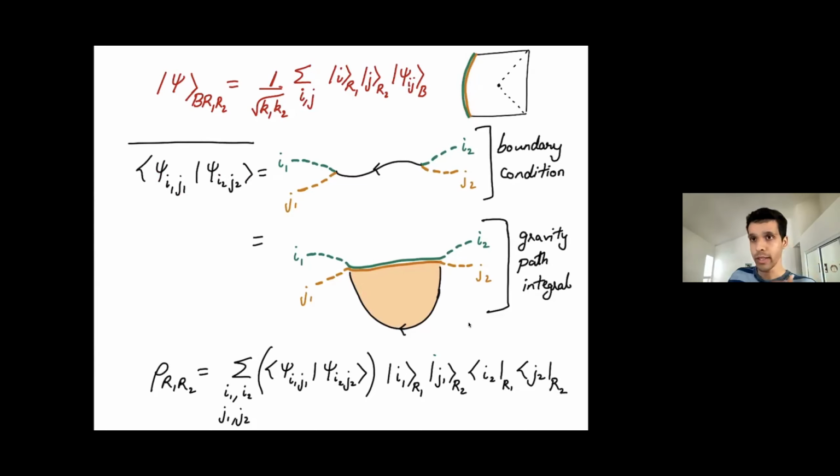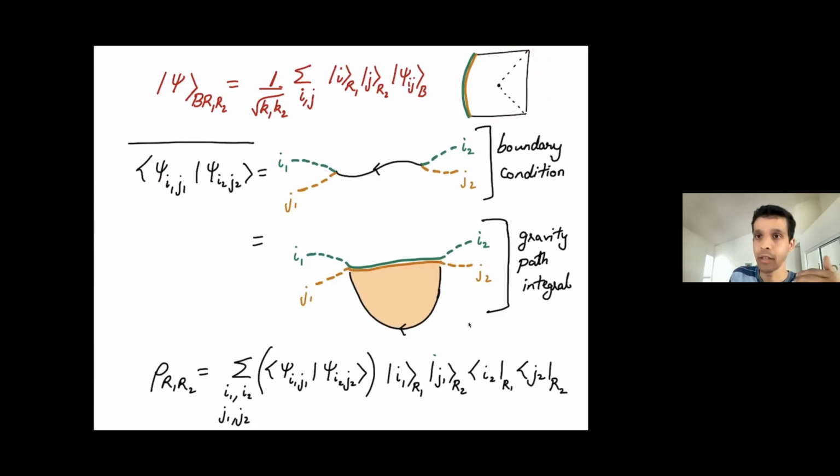And what we will do is consider a state where there's a black hole with these end of the world branes behind the horizon, which is entangled with some auxiliary reference system, which we can think of as the early radiation. You can think of this as a model where the black hole has started evaporating, and you capture some of the radiation, and that's entangled with these interior modes.